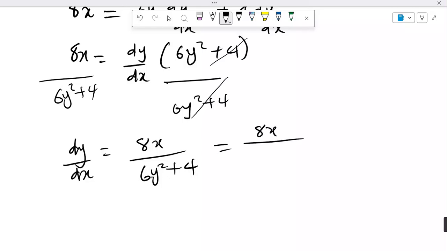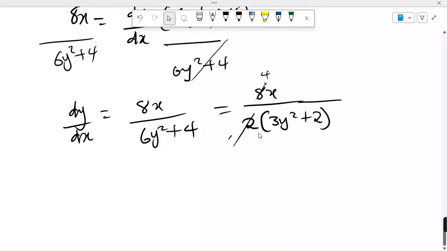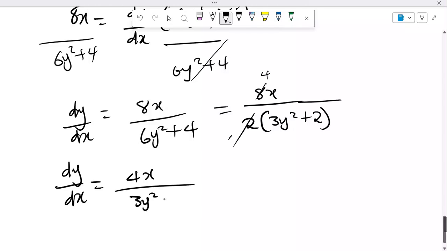Here we can factor out the 2: 2 goes into 6 and 4, so we remove the 2 outside, meaning here we'll have a 3 and here a 2, so we divide the 8 by 2 to get 4. So dy/dx equals 4x over 3y squared plus 2. This is your answer. Okay, great.